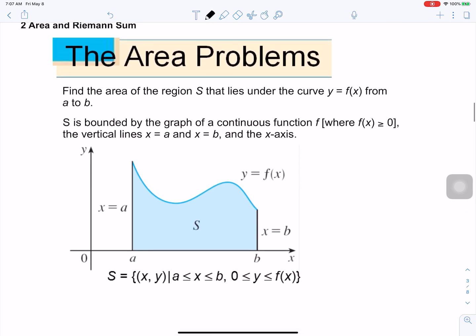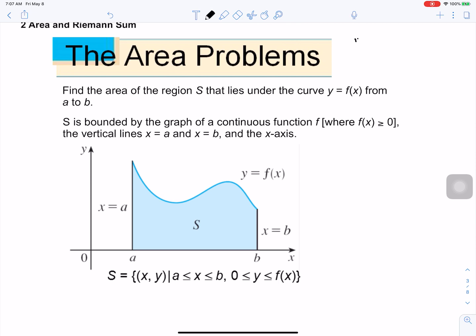Okay, now we are dealing with an area problem. Just like before we dealt with the tangent line problem, you need to know what an area problem is. The area problem is that I have a function that doesn't have such a simple shape.